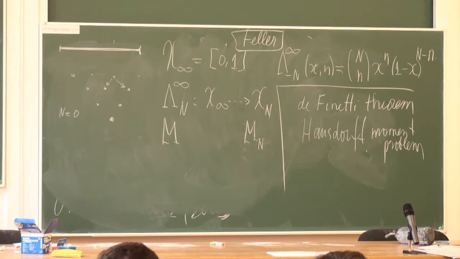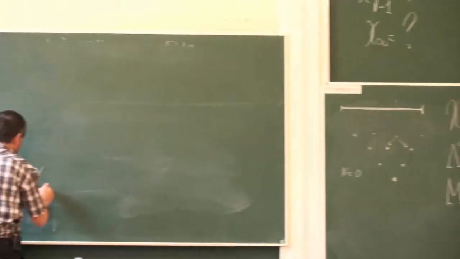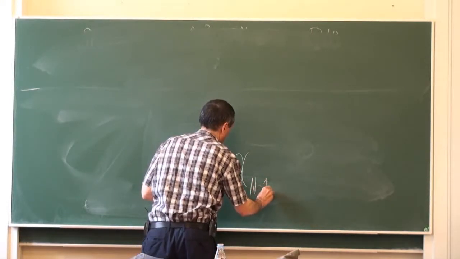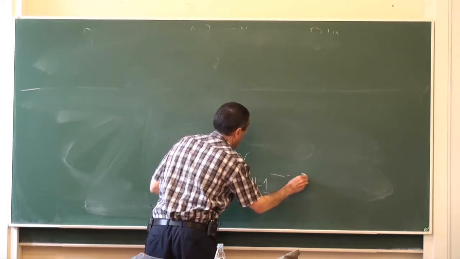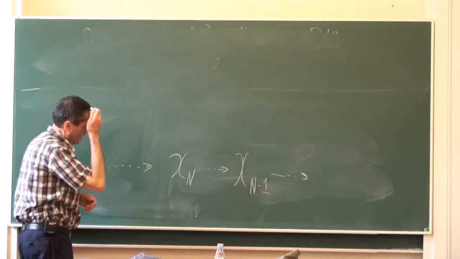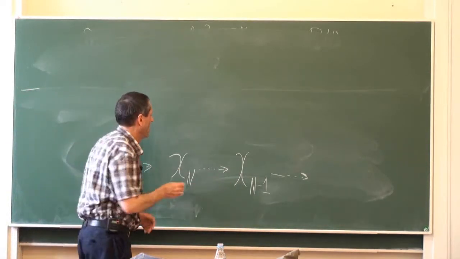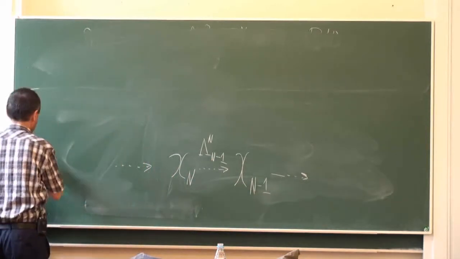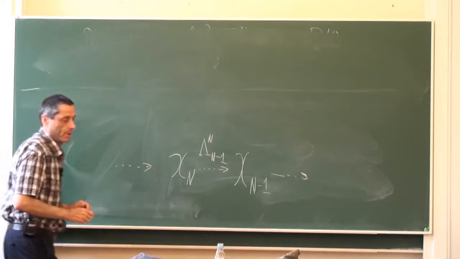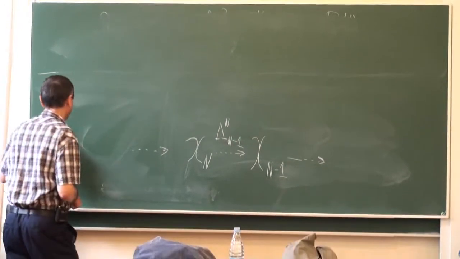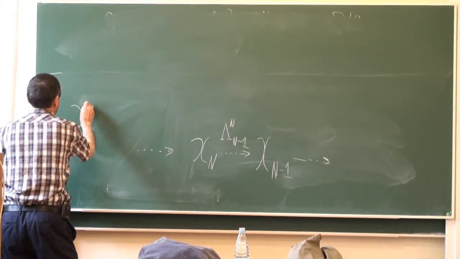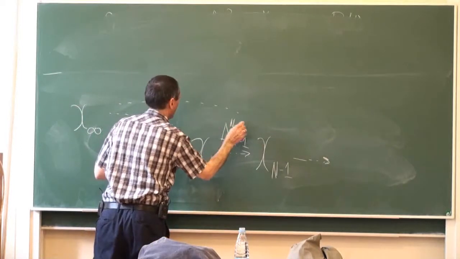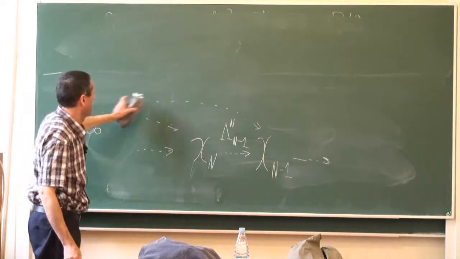So, look again at our chain. So we have a chain of spaces, and here we have links, and we have a boundary, and the diagrams are commutative.